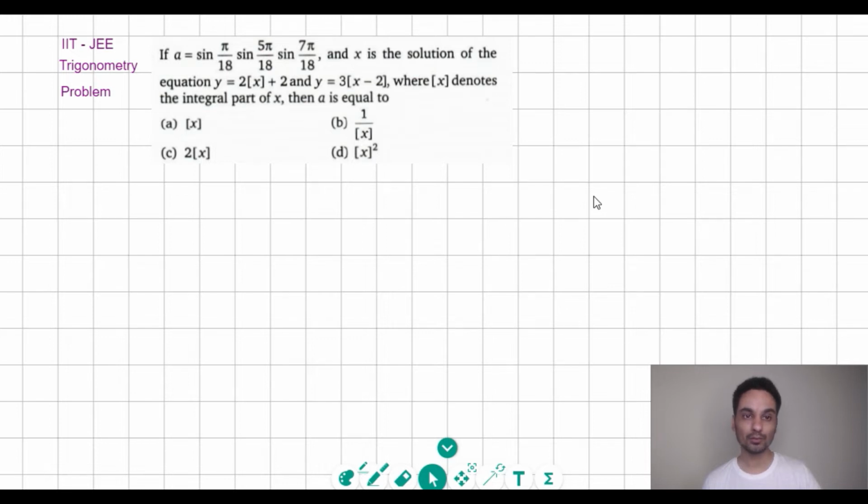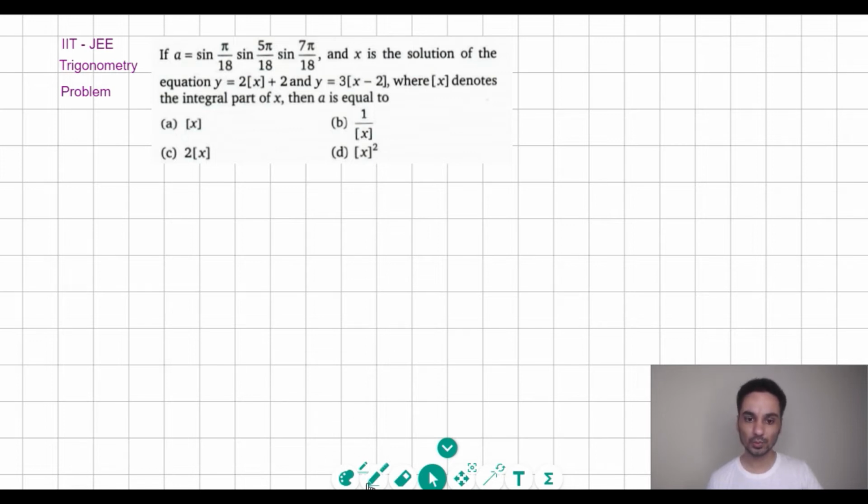The question is: if a equals sine pi over 18 times sine 5 pi over 18 times sine 7 pi over 18, and x is the solution of the equation y equals 2 times greatest integer function x plus 2 and y equals 3 times greatest integer function x minus 2, where x within these square brackets denotes the integral part of x, or you can say the greatest integer x, we want to find out that a is equal to which of these four options. It is a single answer correct question.